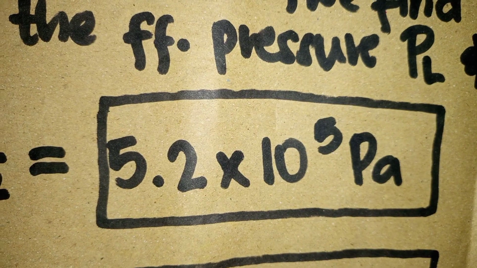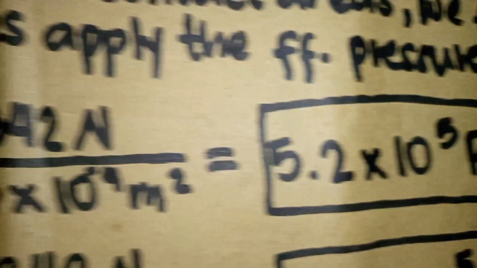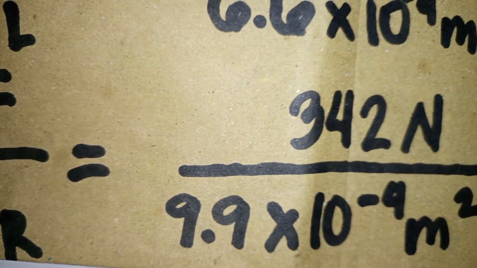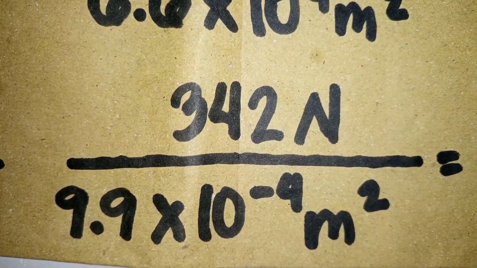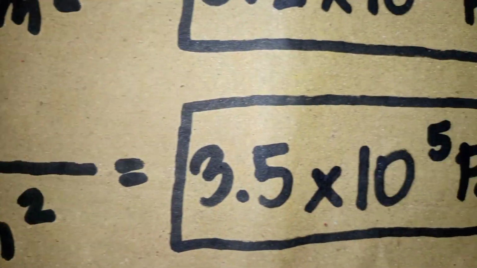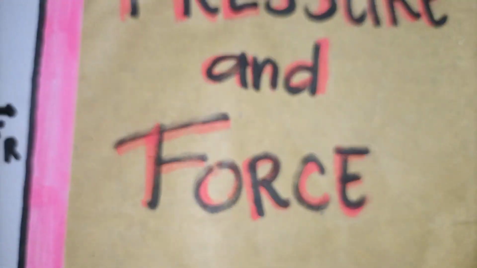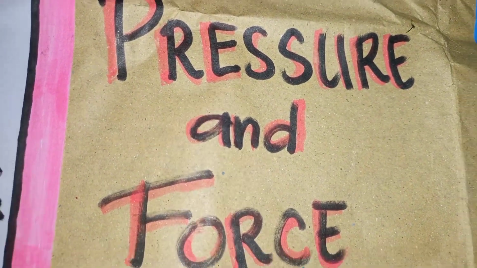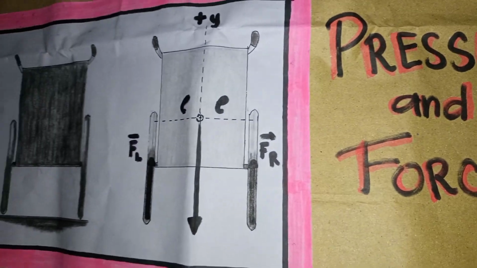Pressure right equals force over area right equals 342 Newton over 9.9 times 10 to the negative 4 power m squared equals 3.5 times 10 to the 5th power pascal. That will be the answer for the wheelbarrow in pressure and force.